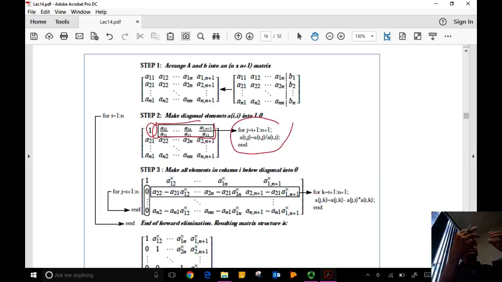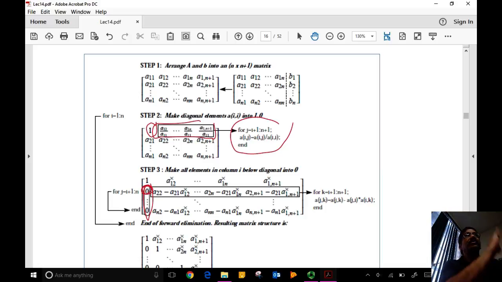This is how I figure out how to develop the code. So I need a loop in MATLAB to calculate that first one. And then I want to make all the elements in here 0. I need to figure out what operation I need to do to make this 0. That is, take the second equation, multiply the first equation by A21, subtract one from the other, that cancels it out.